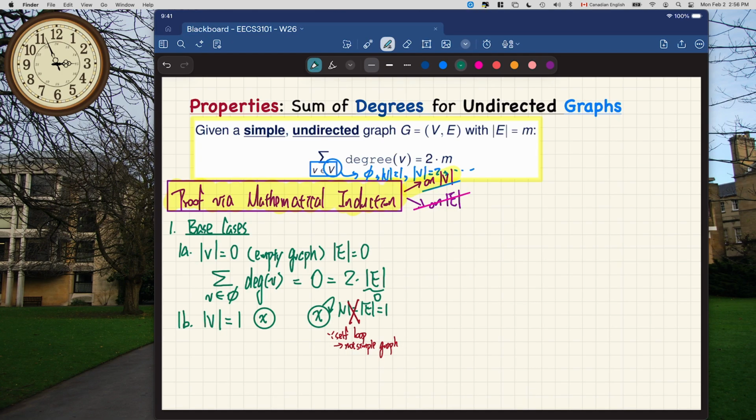But that one there is going to be the degree. There's only one vertex, so we can simplify the sigma into the degree of x is simply 0, which is also equal to 2 times the number of edges, which is also 0, right? Again, it's trivial. But it's very important, I think, for 2b to really know why that number of edges equal 1 case should be excluded for a reason.